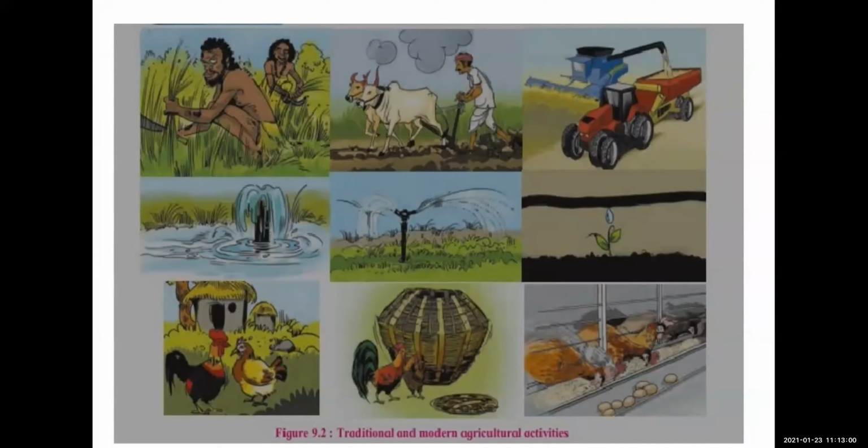Now, abandoning the nomadic life, he undertook different occupations. Earlier, he used to simply roam here and there for food. Now, leaving all that, he undertook different occupations which are related to agriculture at the same place.